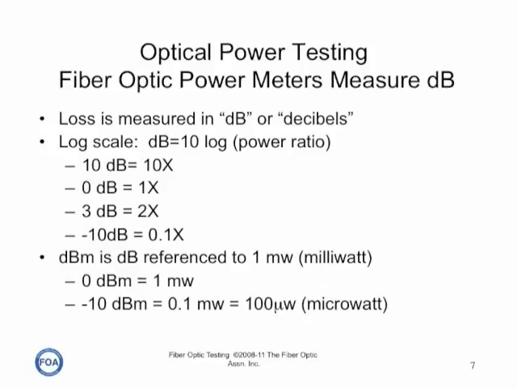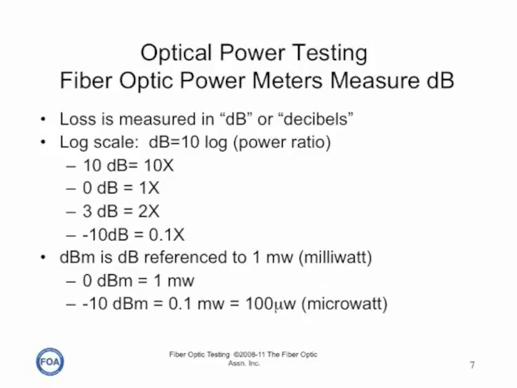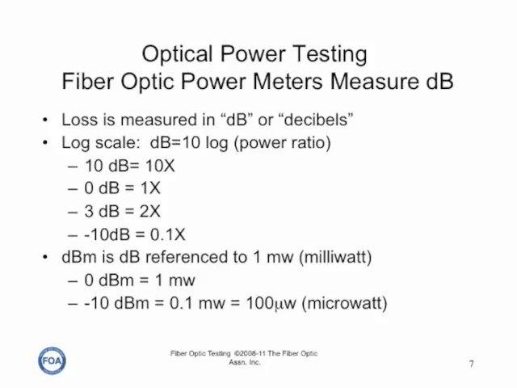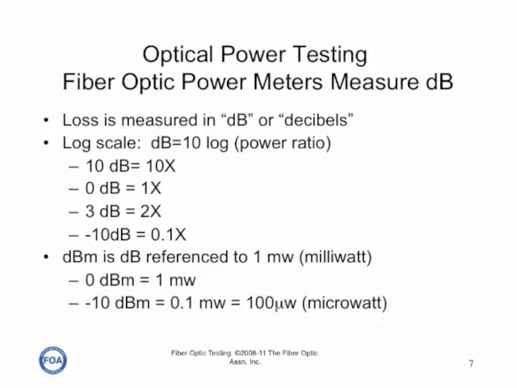So 0 dBm becomes 1 milliwatt, minus 10 dBm would be 1/10 of a milliwatt, and 10 dBm would be 10 milliwatts.